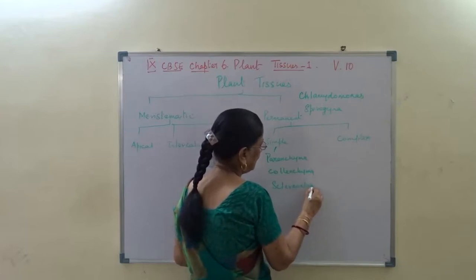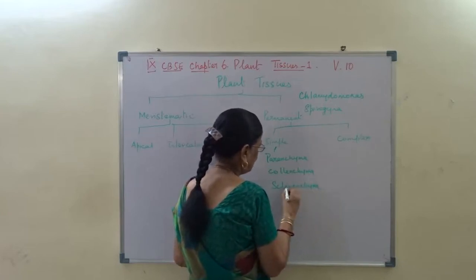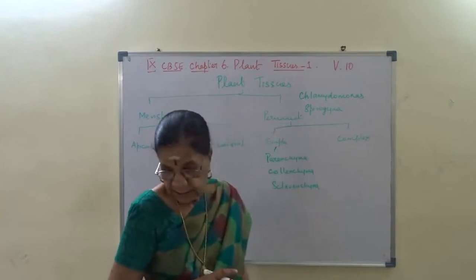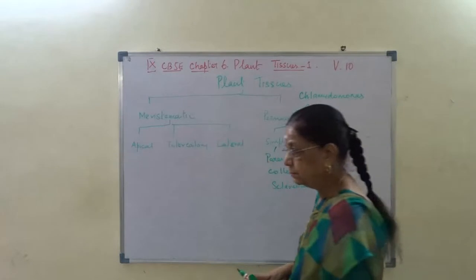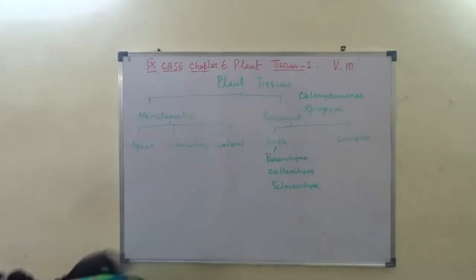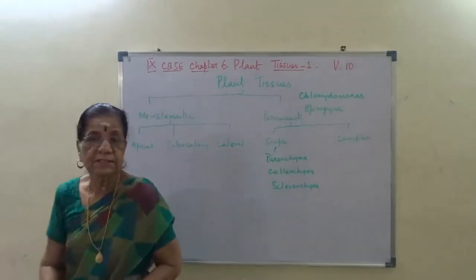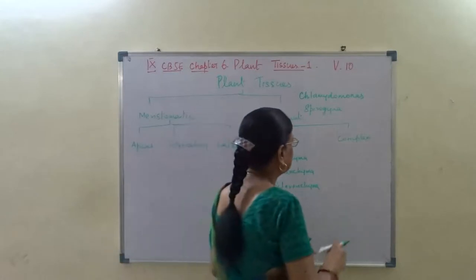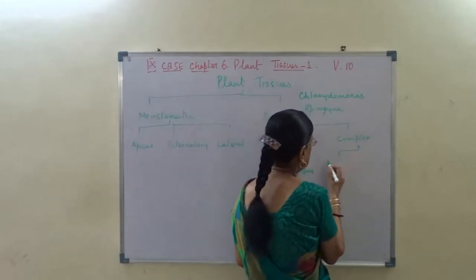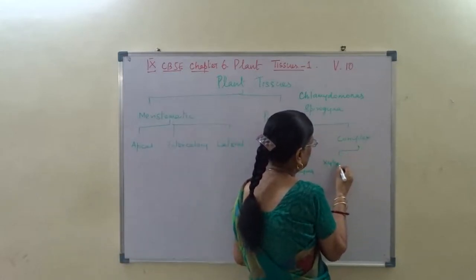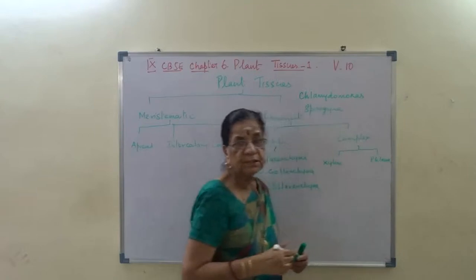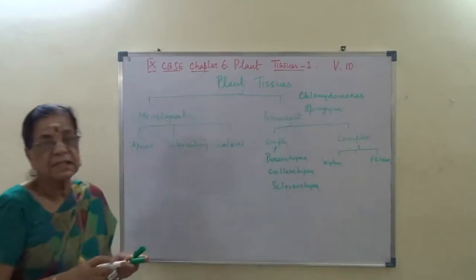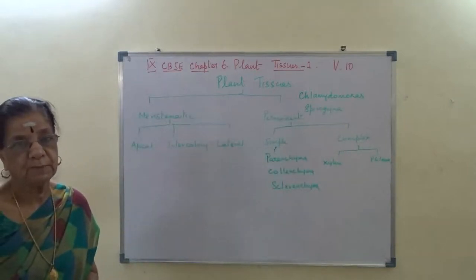I repeat, parenchyma, collenchyma and sclerenchyma tissue. Whereas the complex permanent tissues are xylem and phloem.